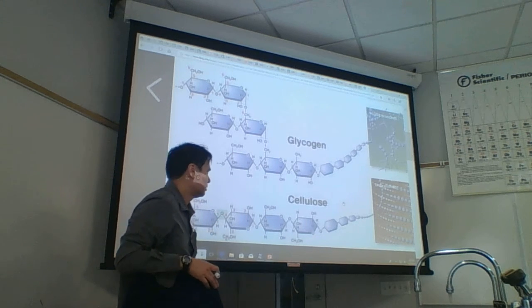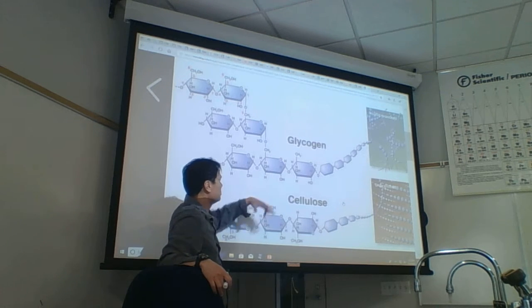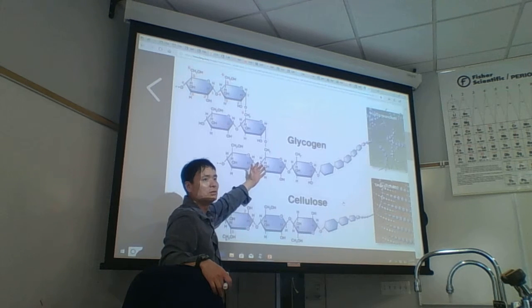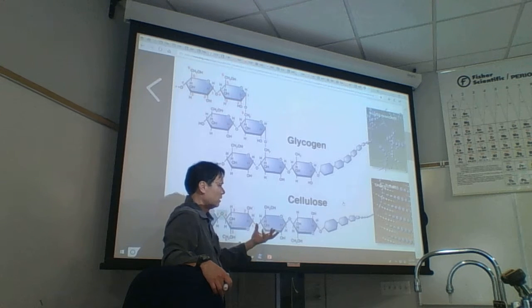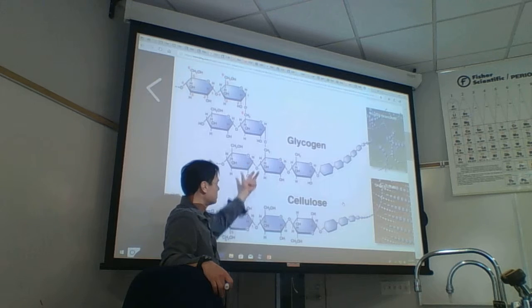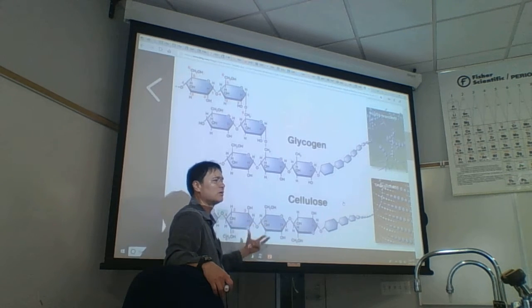That orientation in three-dimensional space is critical because the way we metabolize glycogen is we have enzymes, and those enzymes will break apart the links, freeing up the glucose. Our enzymes are oriented such that glycogen's not a problem, but cellulose is a problem because our enzymes don't recognize cellulose because things are out of place.